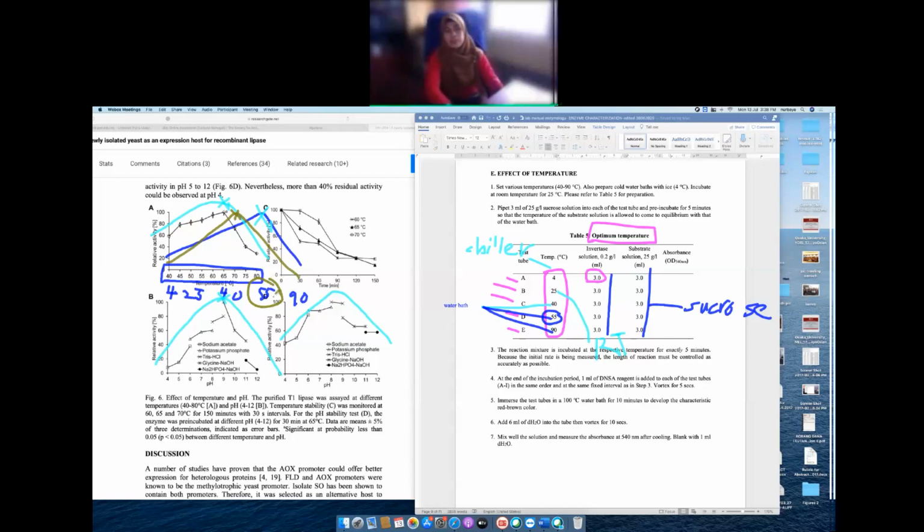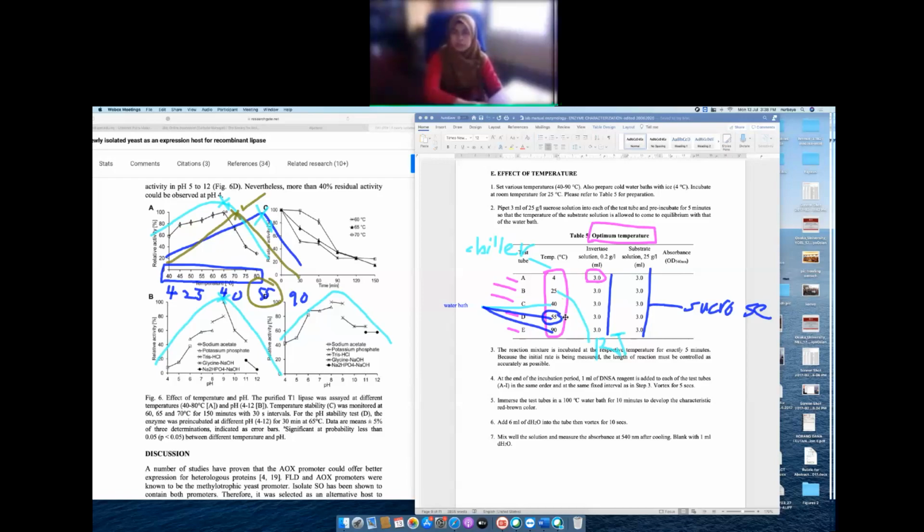Okay, for example, let's say from this optimal temperature, the answer gave you 40. Suddenly you got the answer, the highest one was at 40. What do you think about the previous experiment? You have performed everything at 55.